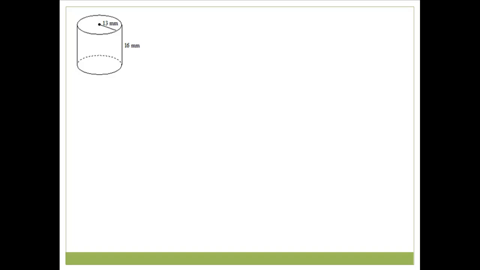So I'll make sure you guys have that too. So let's try it with this one. So we have 13 as our radius. It's very nice of them. They gave us our radius. So remember, pi r squared gives us the area of our base. So 3.14, because that's what we were using for pi, times 13 squared. So we want to do the 13 squared first, because order of operations tells us we have to do exponents.